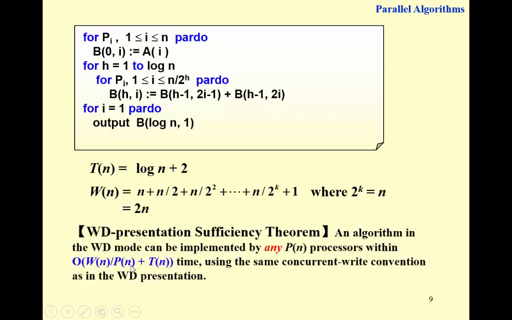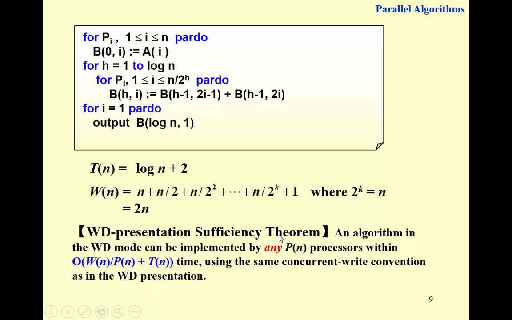And there is this WD presentation sufficiency theorem. It says that an algorithm in the WD mode can be implemented by any P of n processors within this given time, using the same concurrent write convention as in the WD presentation.